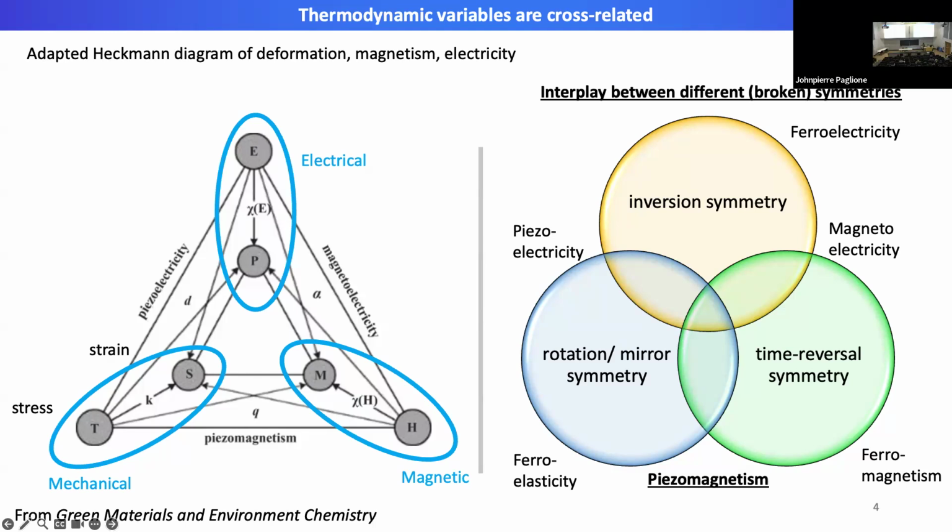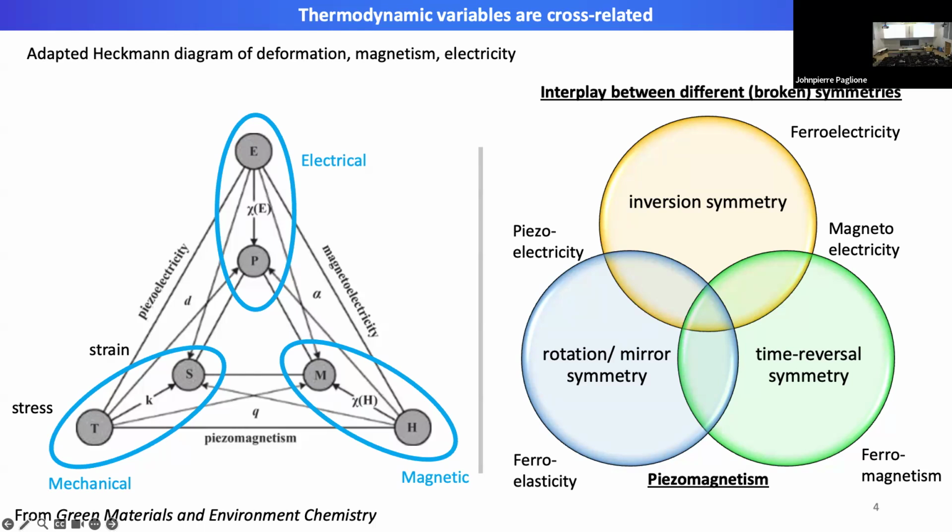I do realize that this Venn diagram might be a little bit ambiguous, in the sense that for the overlapping regions between the different symmetries, we should really think about them as the interplay between the different symmetries, rather than systems that have both symmetries. Quite on the contrary, as we will see in our examples of piezomagnetism, we will actually have to break time reversal symmetry and sometimes the rotation or mirror symmetries.